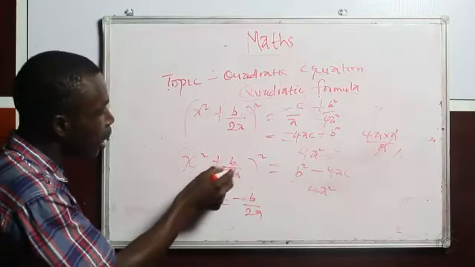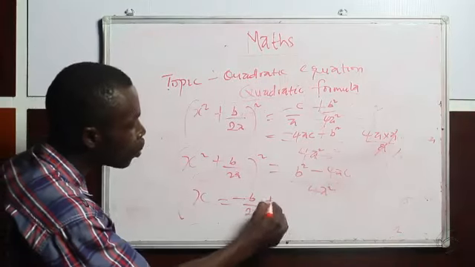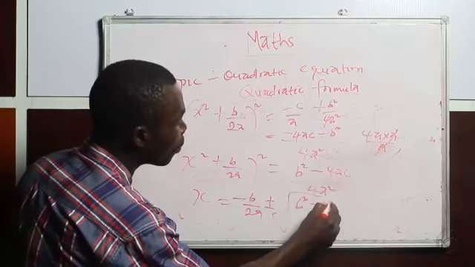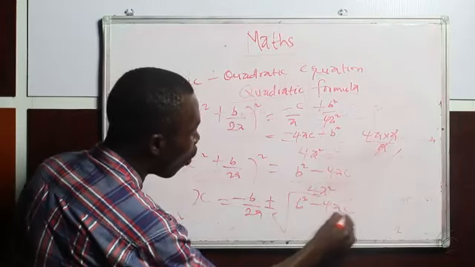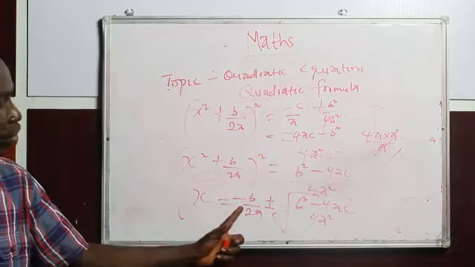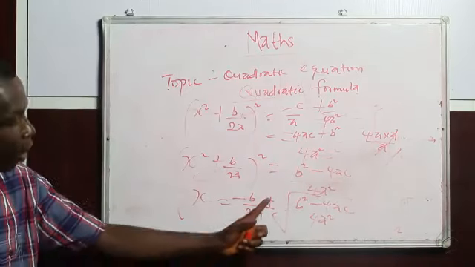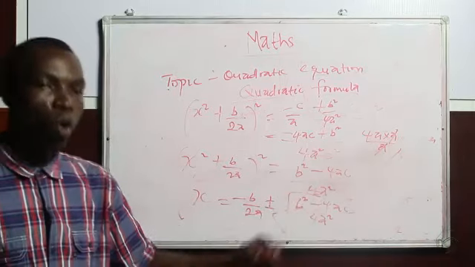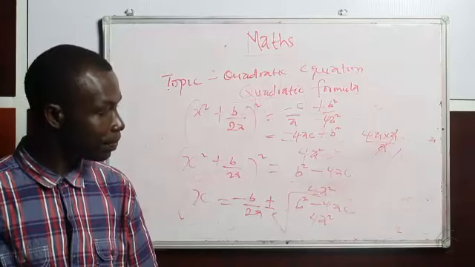This plus b will cross the equality sign, plus or minus root of b squared minus 4ac over 4a squared. Minus b over 2a plus or minus root b squared minus 4ac over 4a squared.